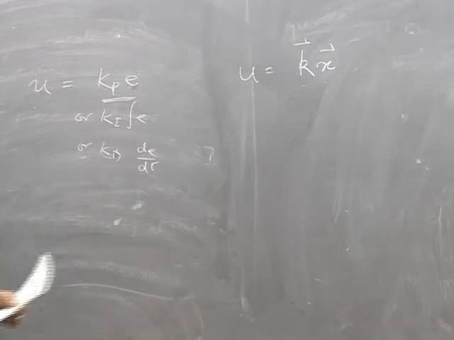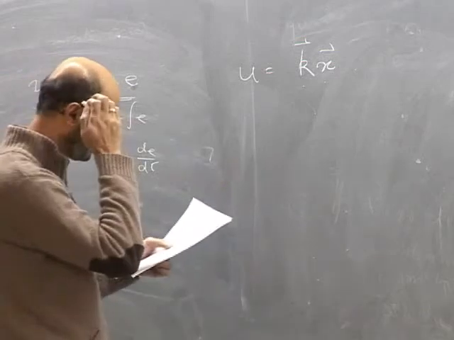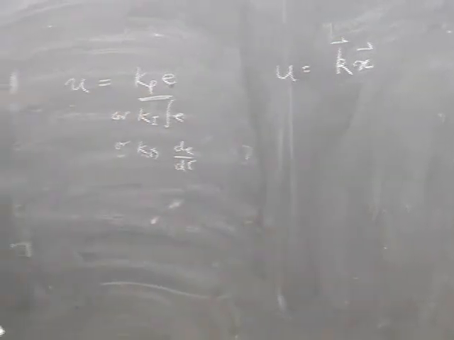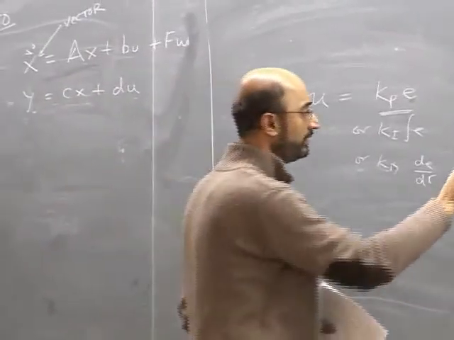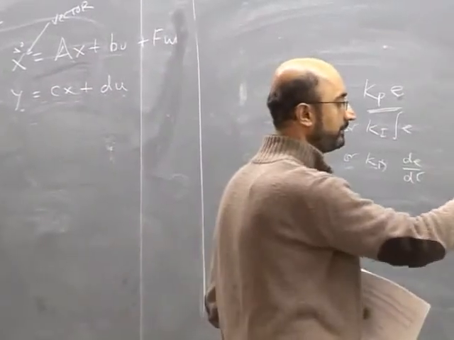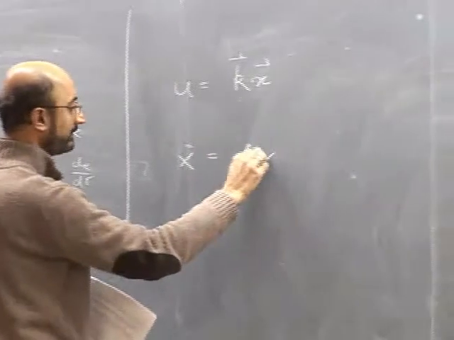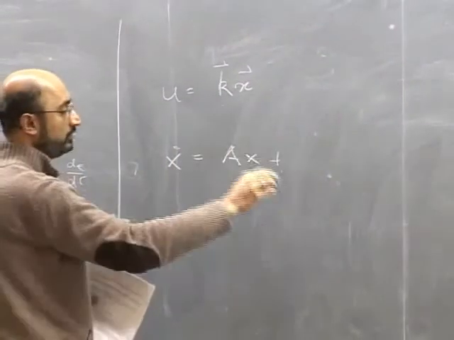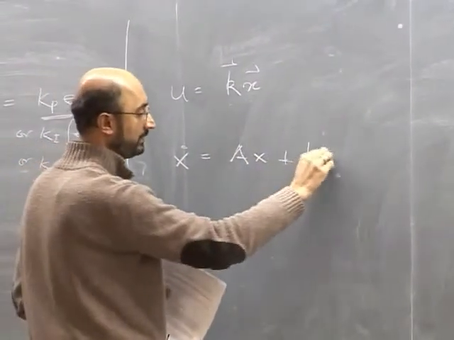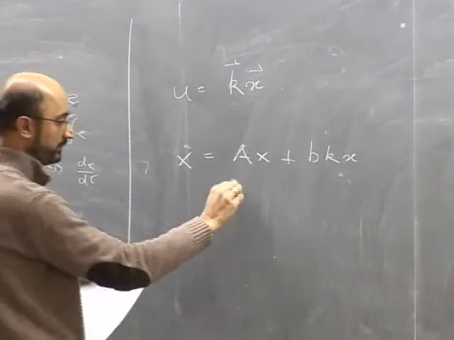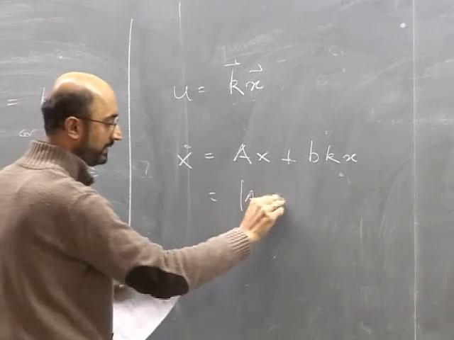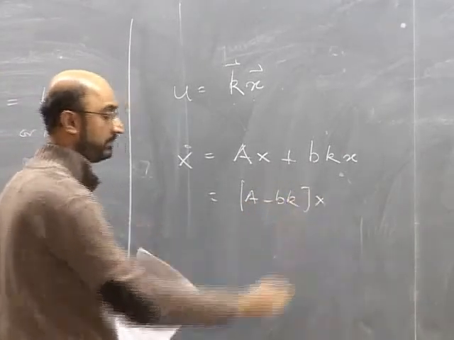And so if you do this, then we can write this equation, if we ignore the disturbance as usual: x dot equals Ax plus Bu, where u is minus Kx, and so it just becomes A minus BK times x.